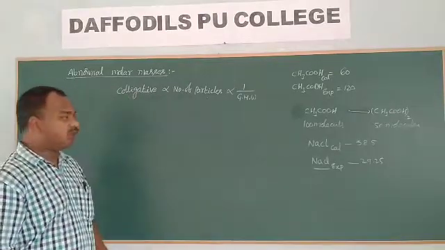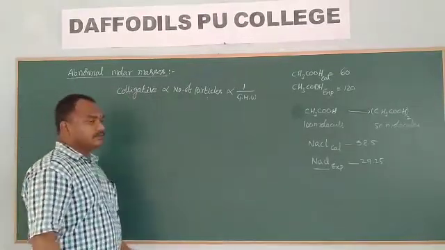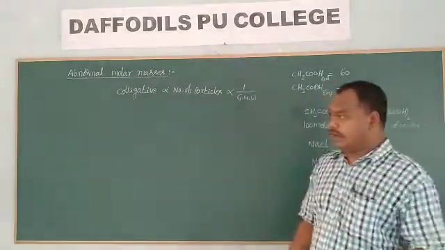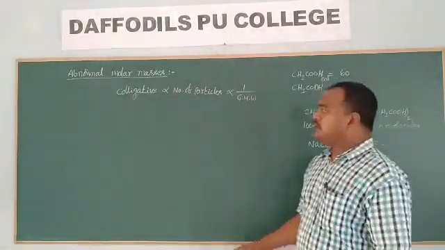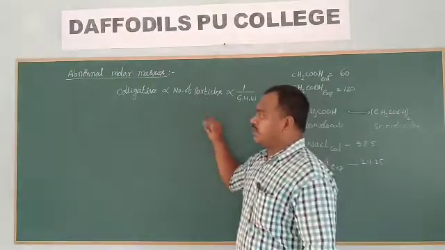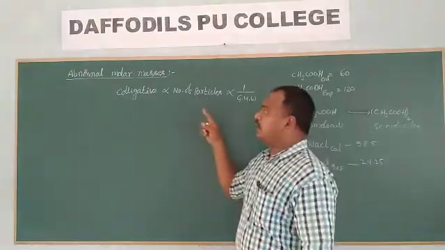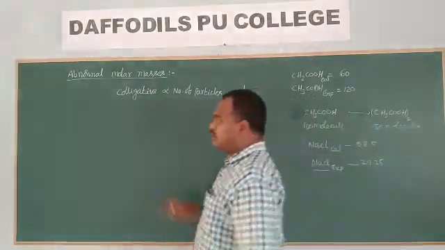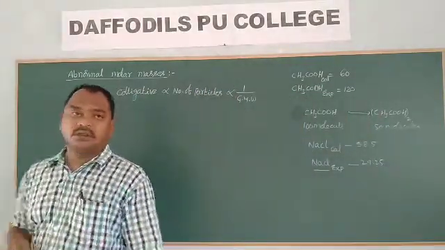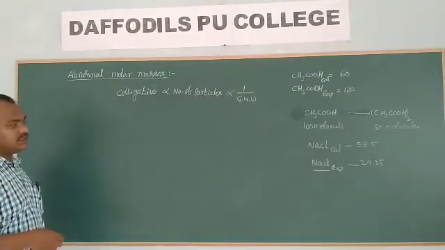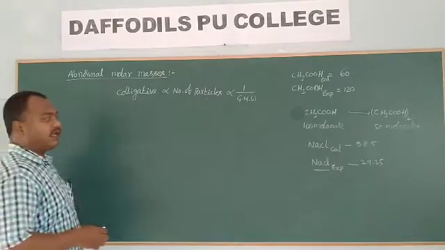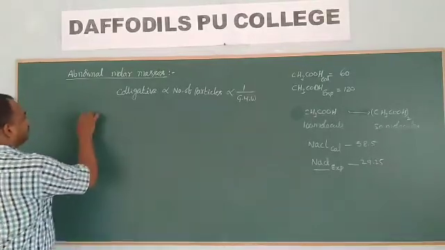So in a broad sense we can say like this. When molecular weights are identified by using colligative properties experiments, we are getting abnormal molar masses. To avoid this, Van't Hoff proposed a correction factor known as Van't Hoff's correction factor.